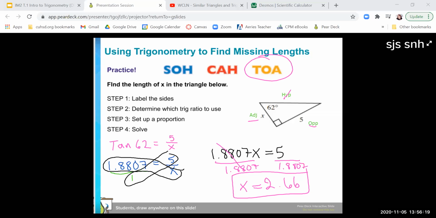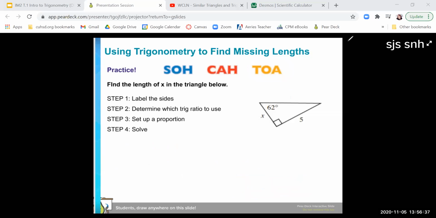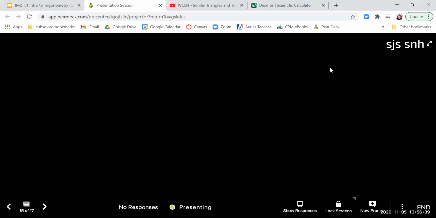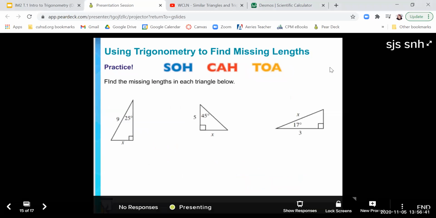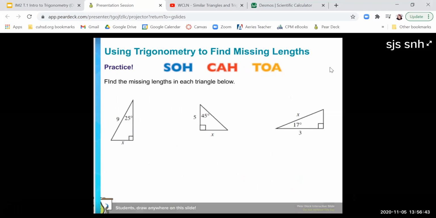All right. Hopefully everyone's doing okay. Those of you using the slides, it's looking pretty good. I'm going to go ahead and clear my slide. Now what we have is a slide that's really just practice for you, and the next slide after is closure.